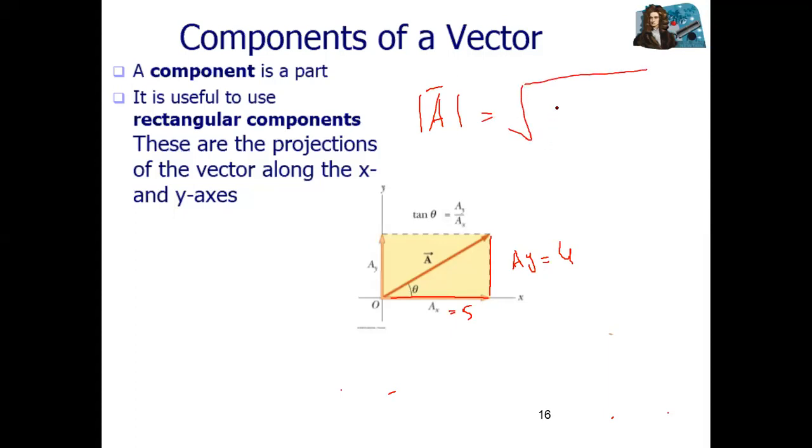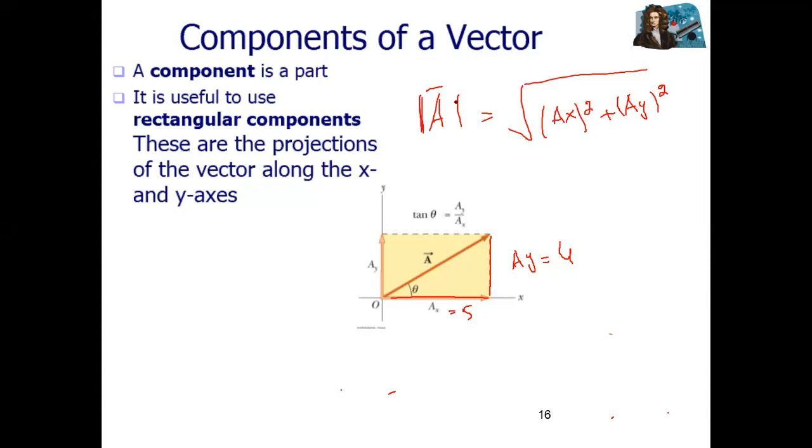Same as the square root of a squared plus b squared plus c squared. So you need to add the AX component squared plus the AY component squared. Same Pythagoras formula. These symbols are magnitude.